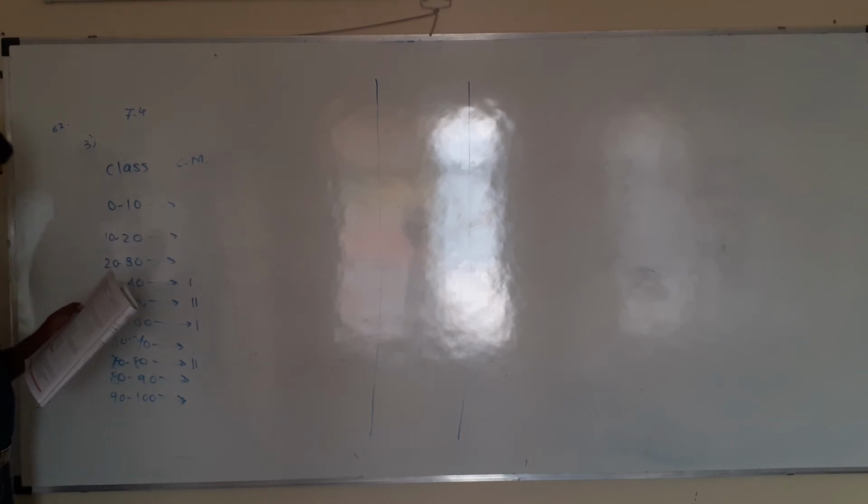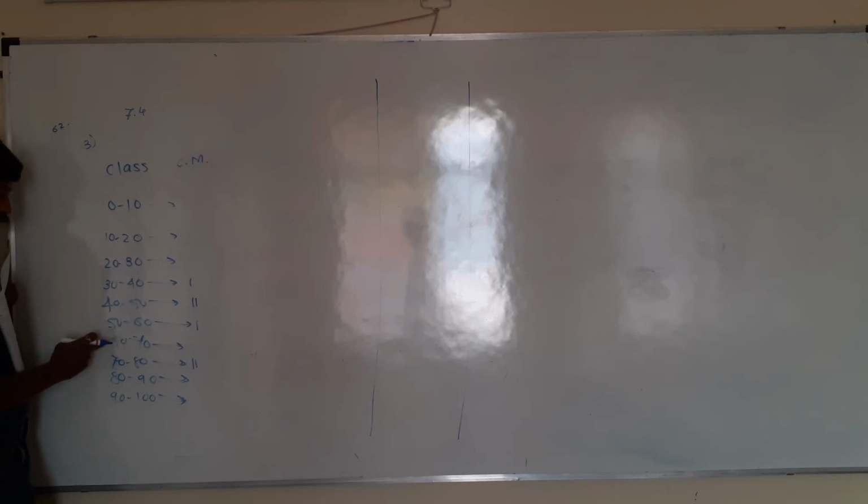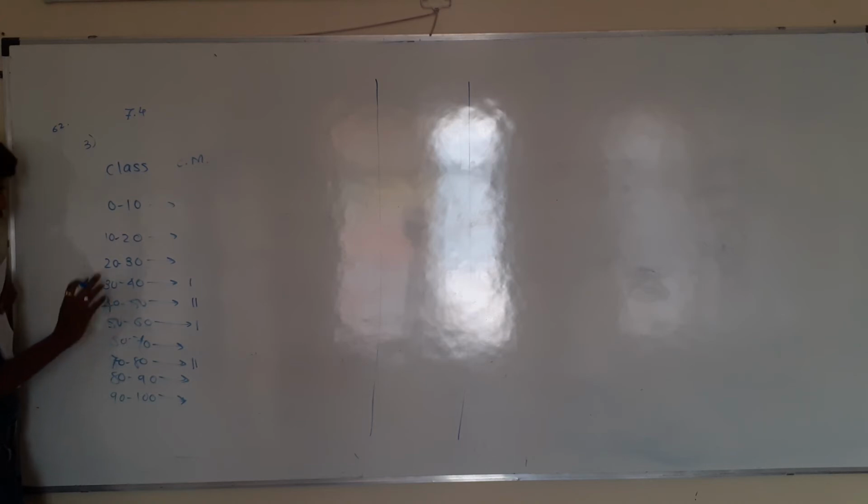So the lower class limit is 60, so 60 is counted here, not in the 50 to 60 class. So 60 is considered in this class.